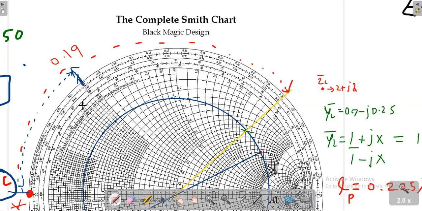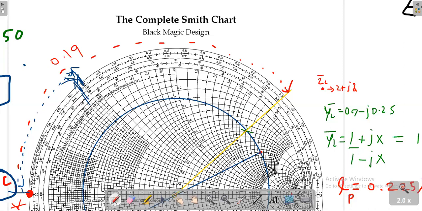Yes, this is the reactance. This is 0.4. This is 0.45. Now you measure the length. You measure the wavelength: 0.04, 0.05, 0.06, and then 0.07.